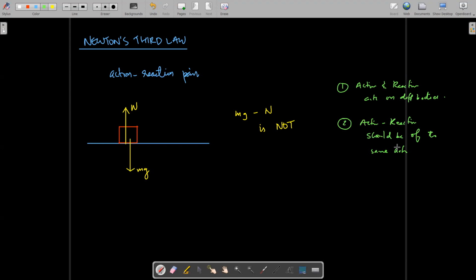Both should be of the same nature. If action is electrostatic force, reaction should be an electrostatic force as well. Here we can see that one is a normal reaction, a contact force, and the other one is a gravitational force. So that condition is also not obeyed here.